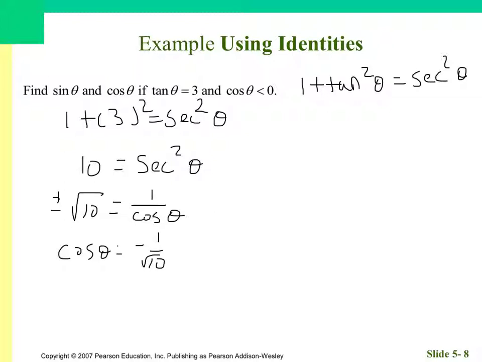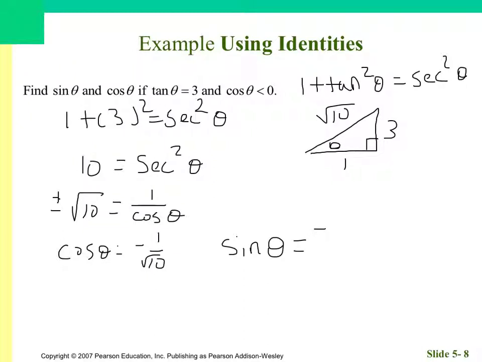I think we also could have done this. So the tangent was 3, so opposite over adjacent. So that makes this square root of 10. So yeah, so the sine of theta, let's see, tangent was positive, cosine was negative, so that means sine has to also be negative.